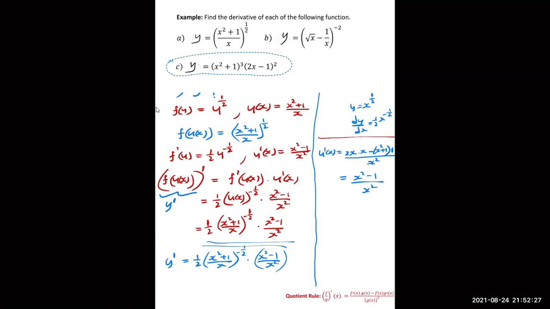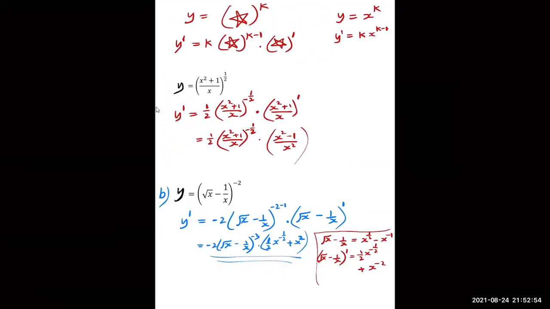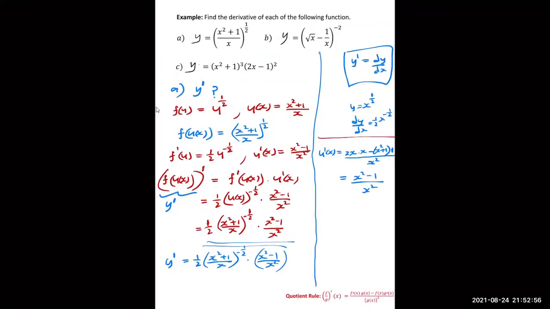I'll copy this one to a new page. How do you find the derivative of this function? y is equal to (x squared plus 1) cubed times (2x minus 1) squared. First of all, you need to apply the product rule.